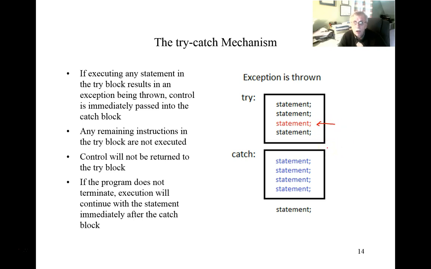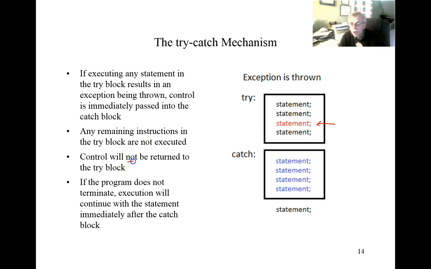We exit the try block with no option to return to the code within the try block, and execute the code within the associated catch block, provided that we have one that satisfies the condition that's been thrown. So that means there could be additional instructions within a try block that are not given the opportunity to execute because we immediately abort the processing of the try block.